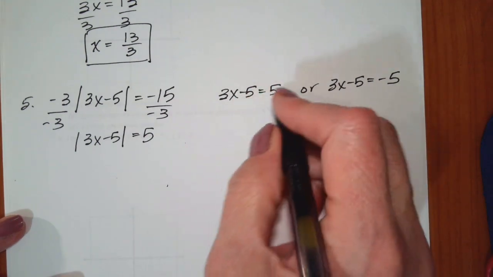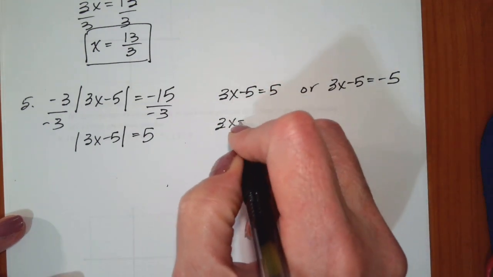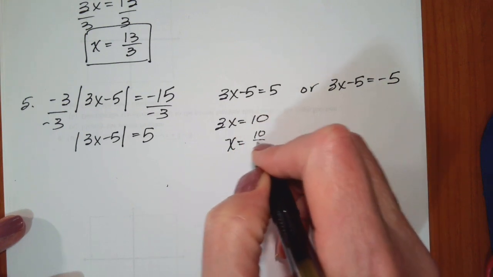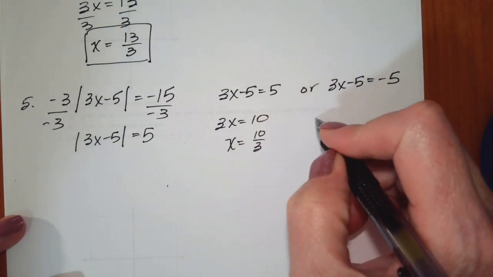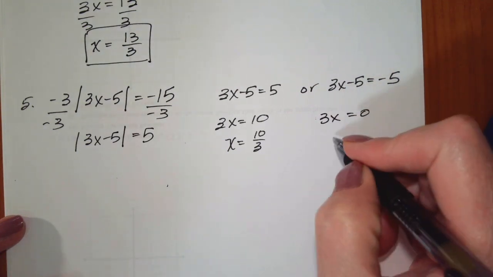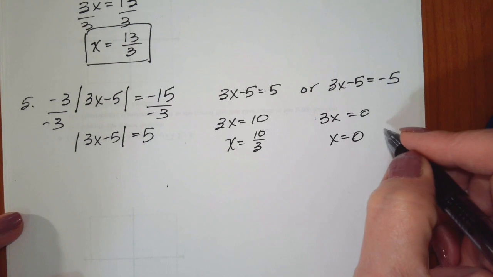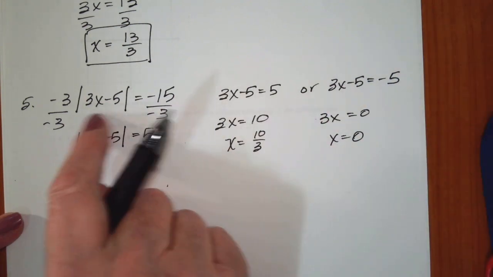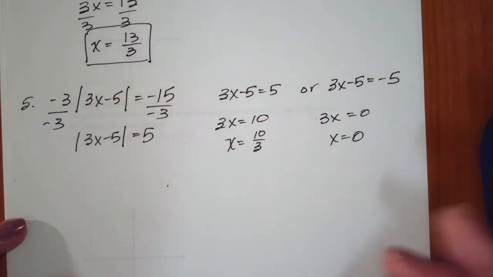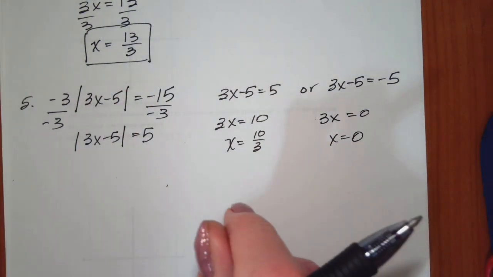Okay, so I'm going to add 5 to both sides. I get 3x is equal to 10, and x is equal to 10/3. Here I have 3x, when I add 5, is equal to 0, so x is equal to 0. And there are no restrictions on this for the domain. I can put anything in there and take the absolute value of it.